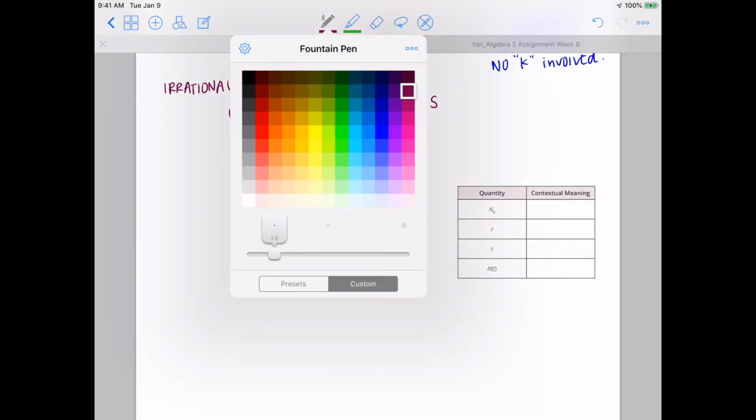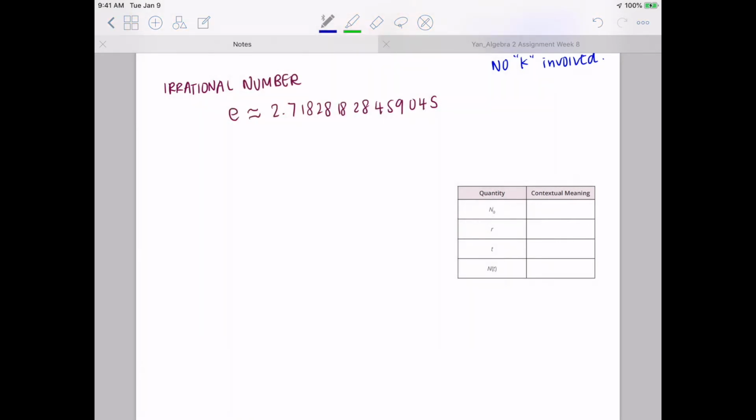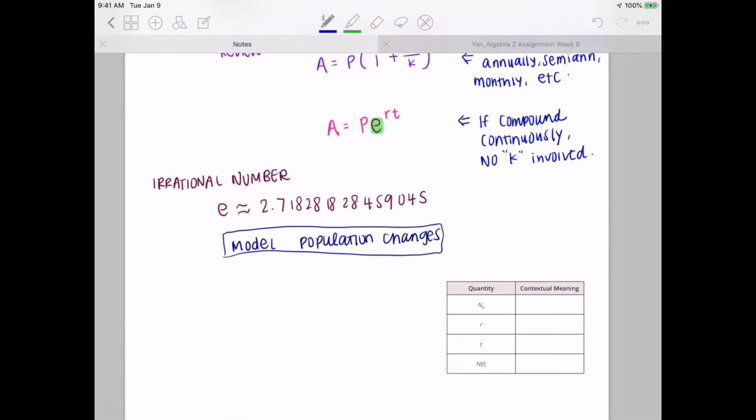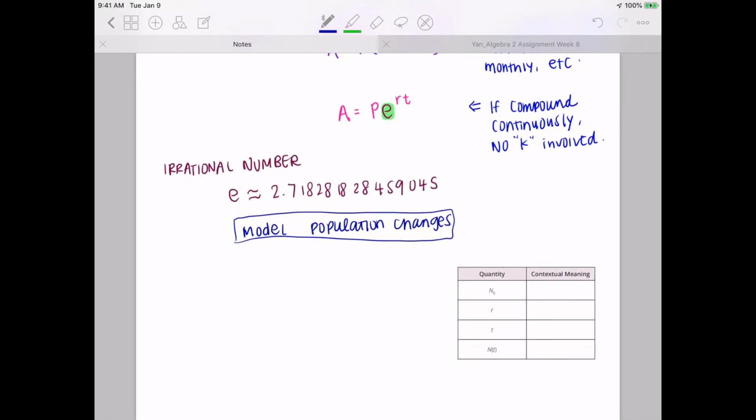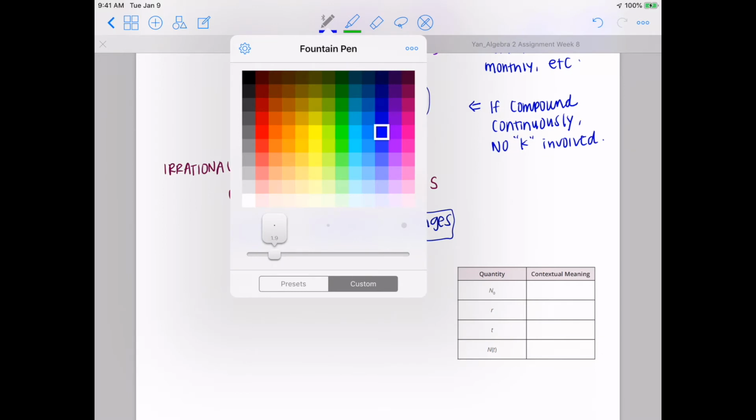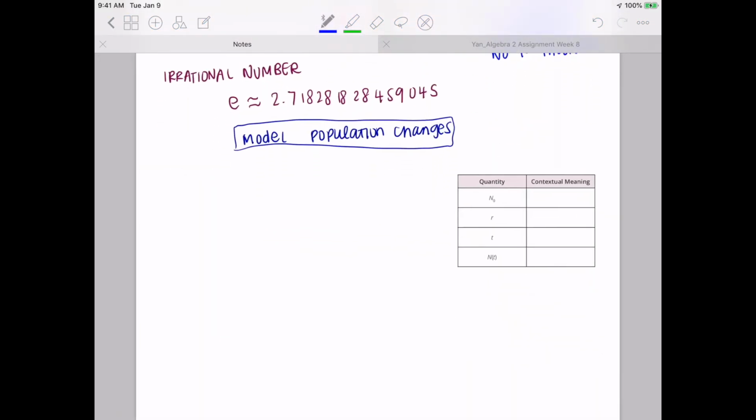Okay, so we're going to start with today's lesson, which is modeling population changes. The formula that we're going to be using to model population changes is really similar to PERT, except the letter that we're using is different.